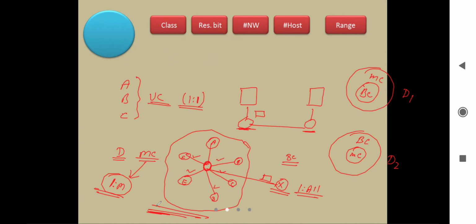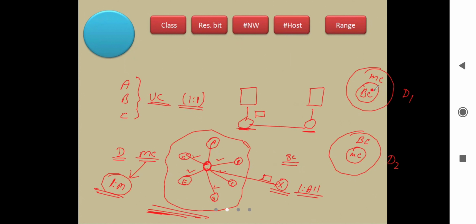Let's understand the story of D1. Here a person is standing at this place, which is the area for broadcasting, and this is also the area for multicasting. It means if someone is here, it is broadcasting, and also multicasting. So broadcasting is also multicasting.